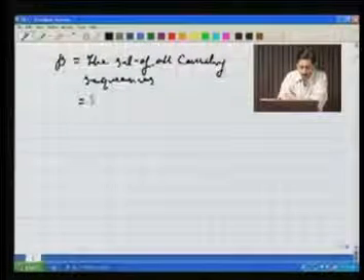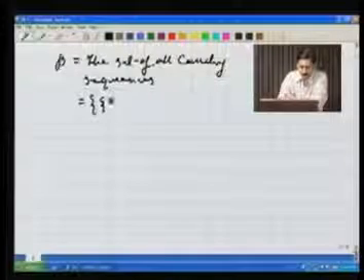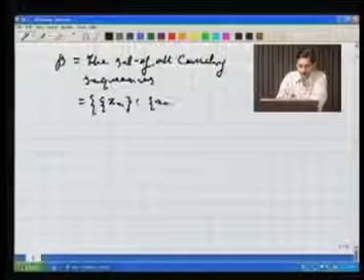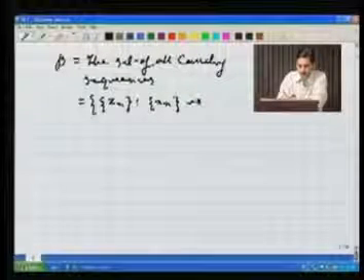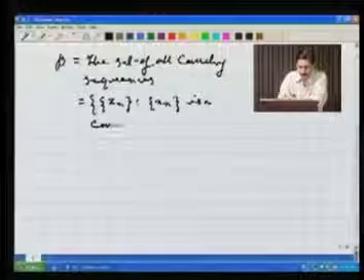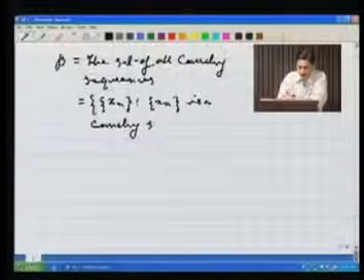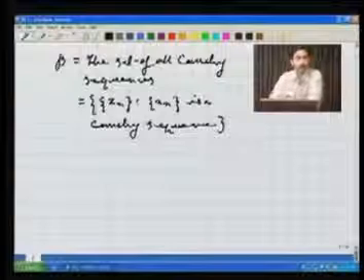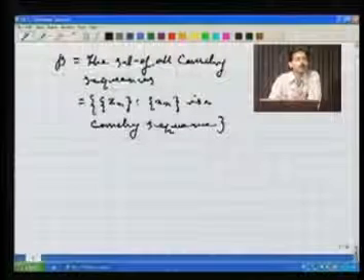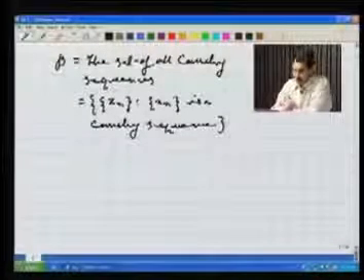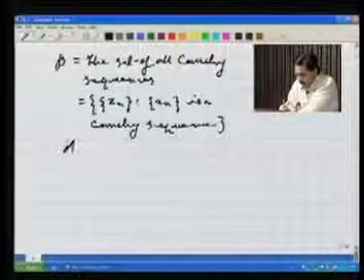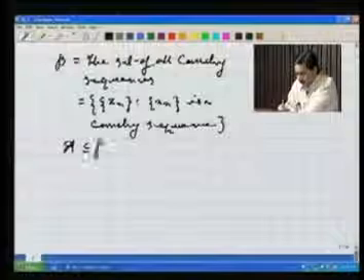In symbols, it will look like xn such that xn is a Cauchy sequence. And we are interested in the connection between A and B. The first thing I would like to show is that A is actually a subset of B.